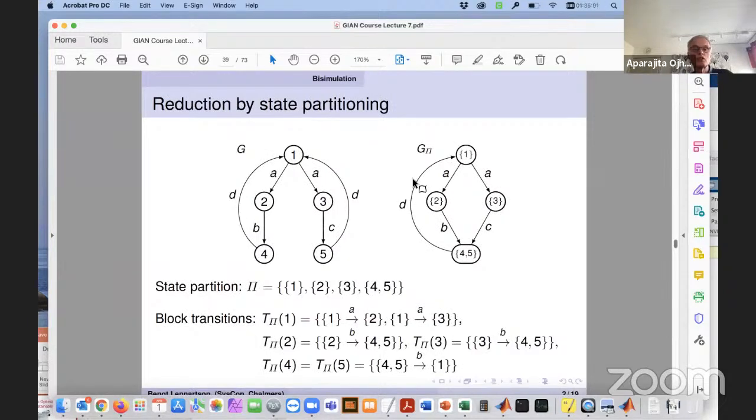So if, for instance, we have a state label P for state 4 and P and Q for state 5, then these two states cannot be joined, and the result will be that there is no reduction. If I had different state labels in these two states, I will only get this model back when I try to minimize it.